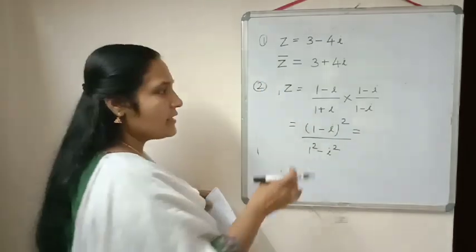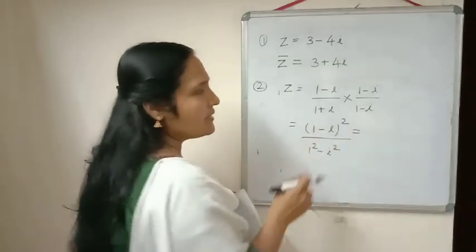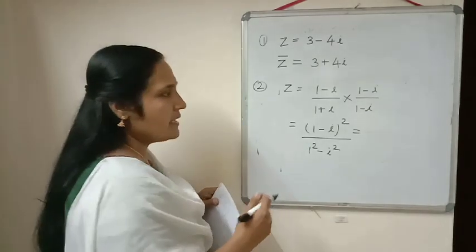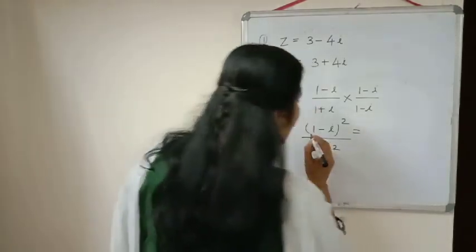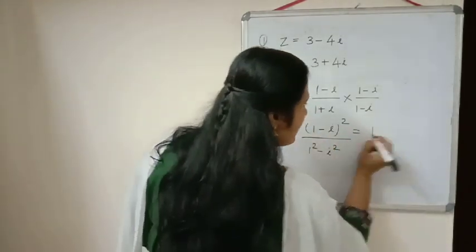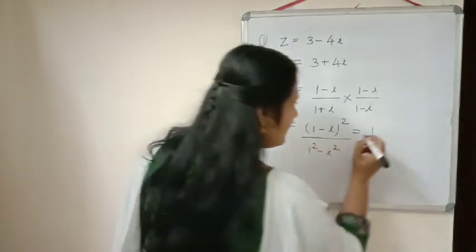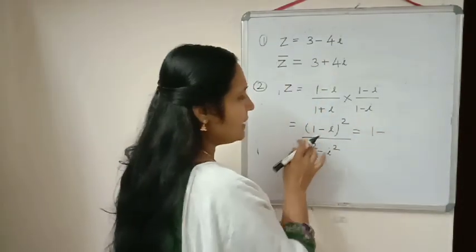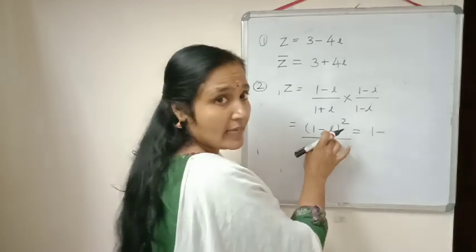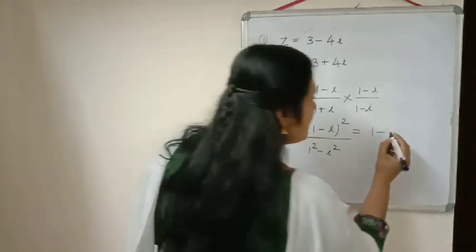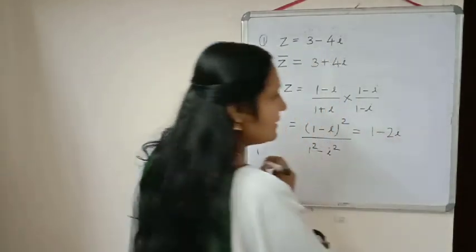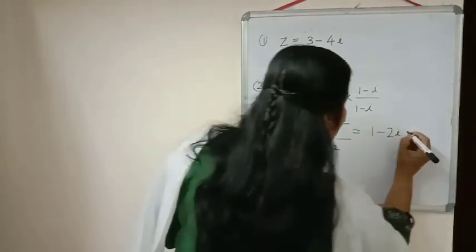Now here we can use the identity (a minus b) the whole square. Then according to the identity it will come a square. So 1 square will be equal to 1. Then minus 2ab. So 2 into 1 into i. That minus sign we included here. So it will be equal to minus 2i plus b square.